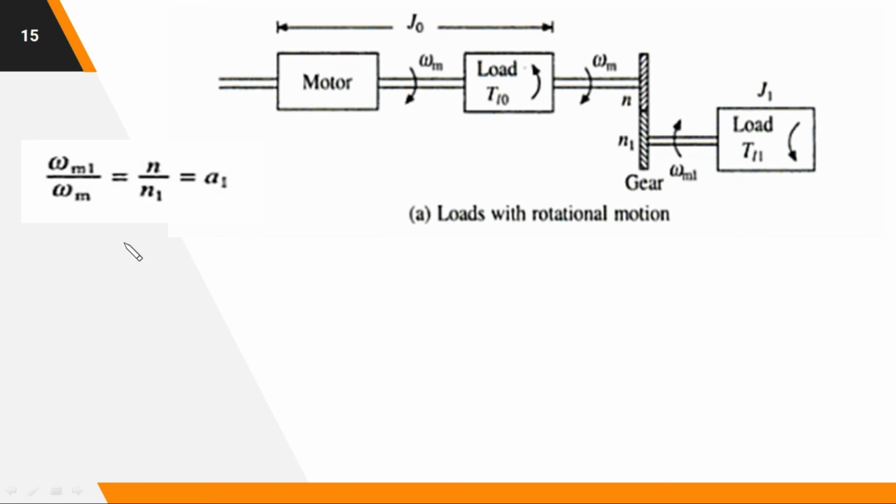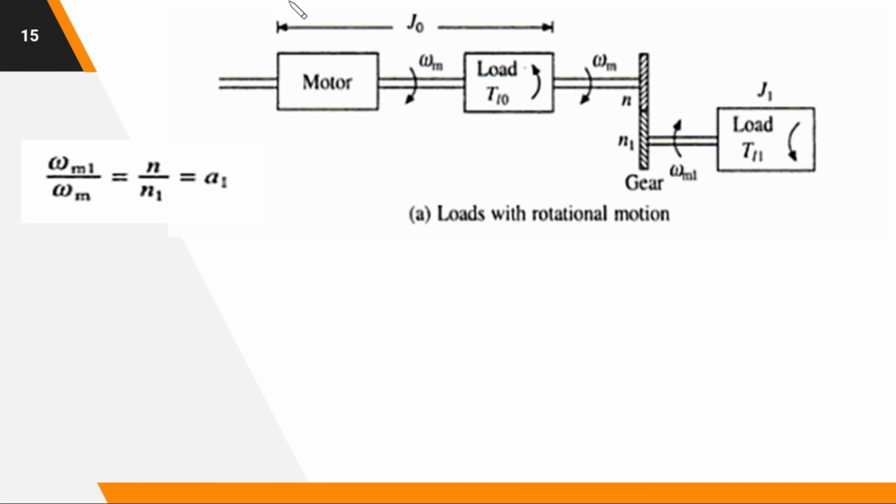Now with respect to the gear, if we write the equation, omega m1 is inversely proportional to N1, and omega m is inversely proportional to N. So omega m1 divided by omega m is equal to N upon N1, which is equal to a1. So a1 is the gear tooth ratio.